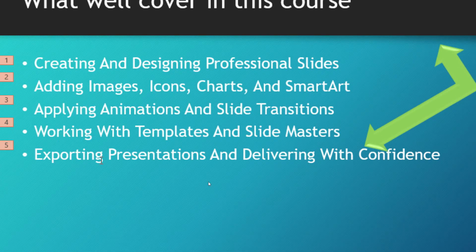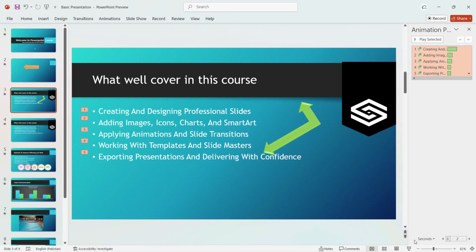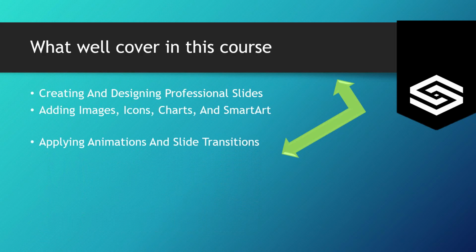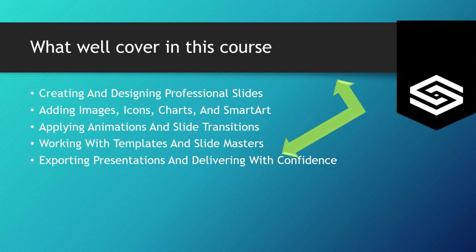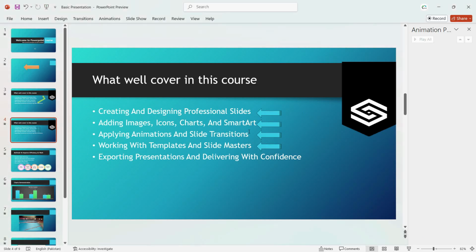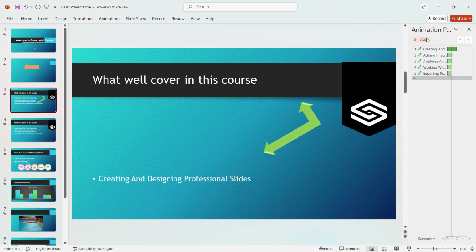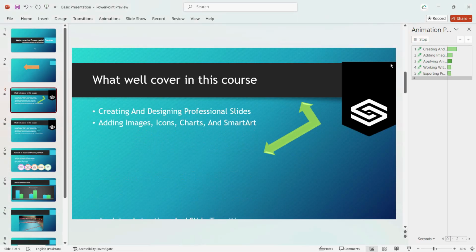If we play it, let's see the sample of it. First of all, like this, then you can see every single time the slide time increases, and every single time it moves even faster. You can play all of them together and it will show you the preview.